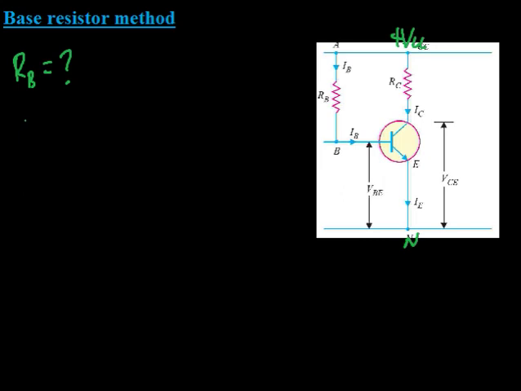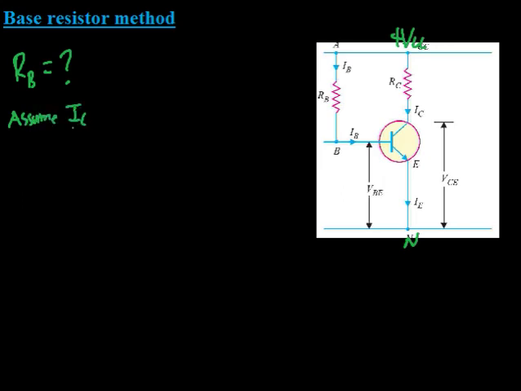This is otherwise called designing the circuit. What is the value of the resistance Rb connected in the circuit so as to fulfill the biasing conditions? For that, first of all we will assume a proper IC.